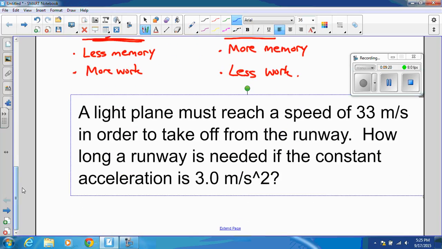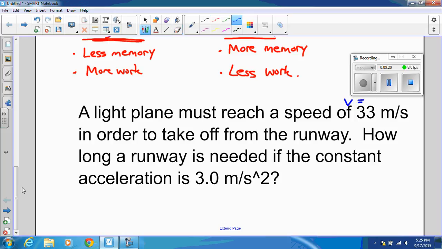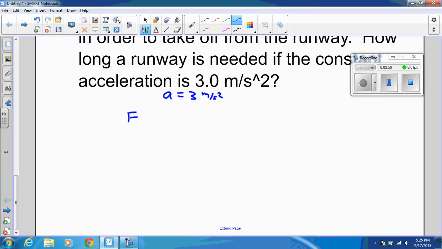If I take a look at what is given to me, what is given is a final velocity of v equals 33, not 30. An initial velocity is implied: v0 is equal to 0. The plane is starting from rest. The acceleration is given as 3 meters per second squared. And what we are looking for is the delta x, the length of runway.